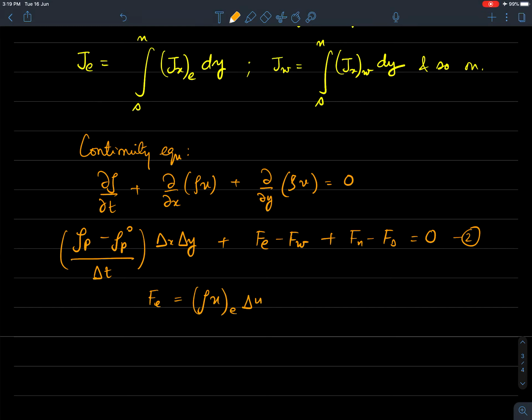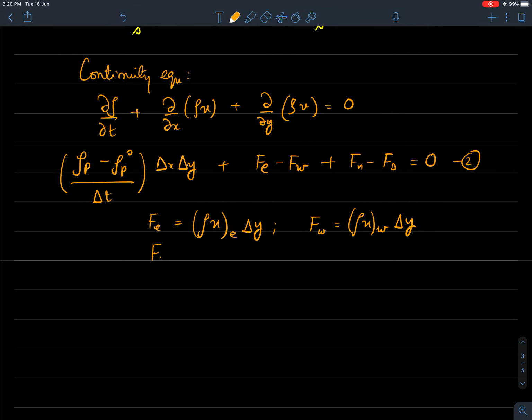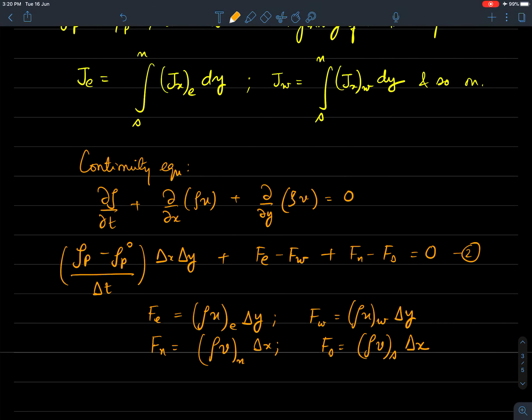So Fe is rho u at E into delta y, Fw will be rho u at the west face into delta y, F north will be rho v, not rho u, rho v north into delta x, and Fs will be rho v south delta x.